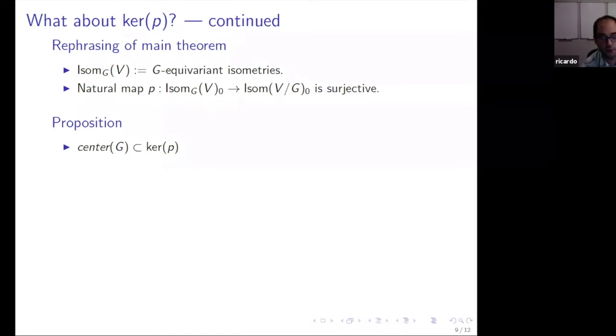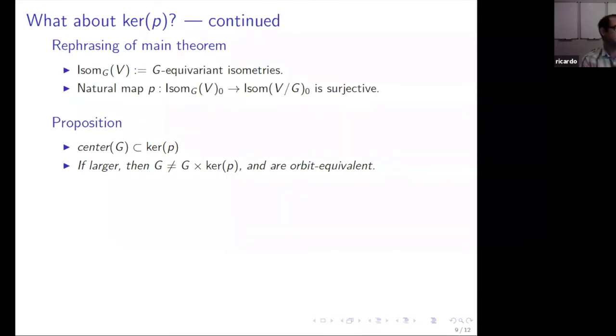And this is the typical case in the sense that if the kernel strictly contains the center of G, then what do we have? Then we have the following situation. We have the group G and the group G cross kernel of P. They are acting with the same orbits, because the kernel of P is not acting at all downstairs.